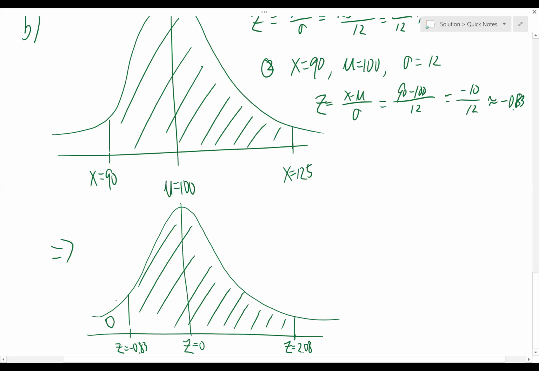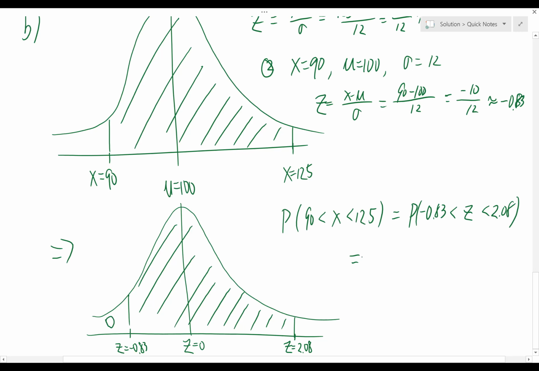If you subtract these 2 regions, we end up with the shaded region, that's what we are looking for, right? So if you want to write it in professional form, it will be x greater than 90, meaning IQ score greater than 90, less than 125. And this is equivalent to z-score greater than negative 0.83 and less than 2.08.